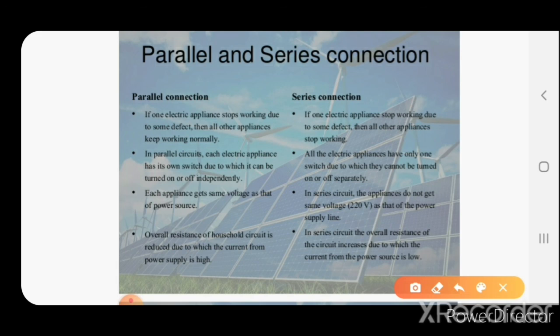In case of series combination, the overall resistance of the circuit increases, due to which the current from the power source is low. So these are the prominent differences between parallel connection and series connection.